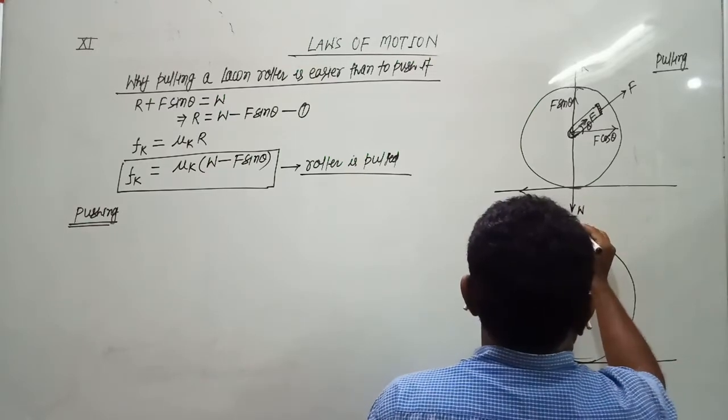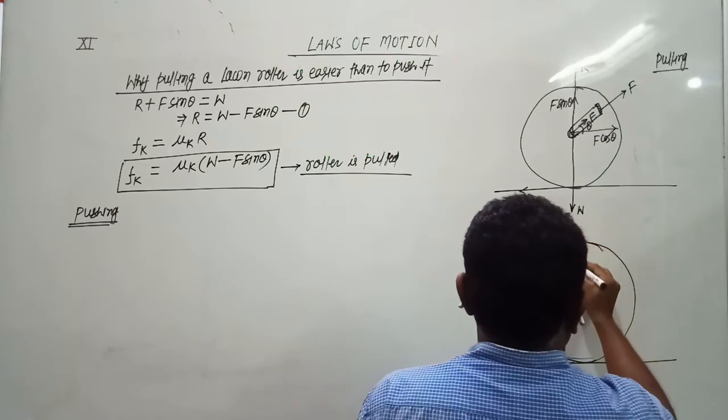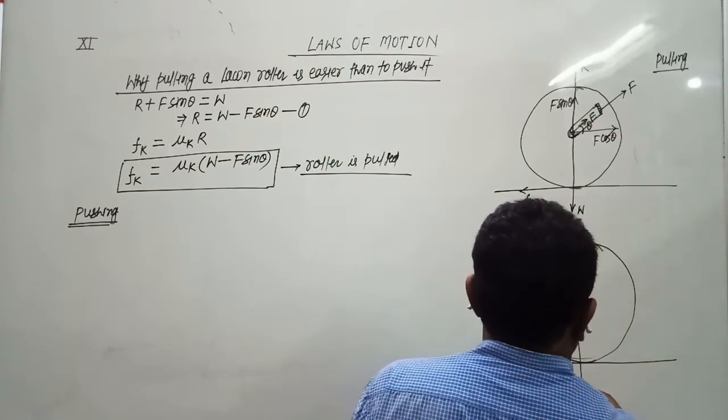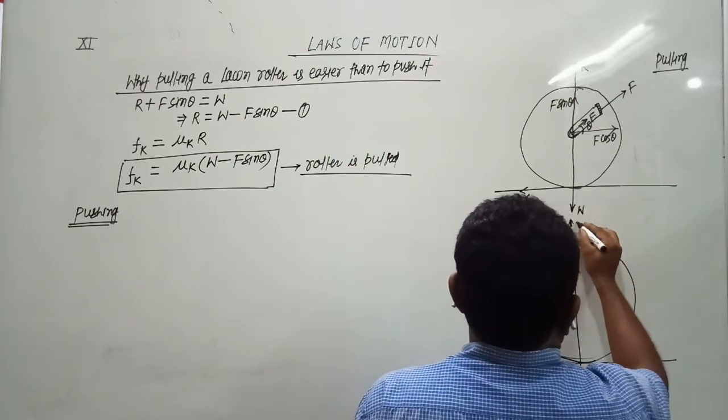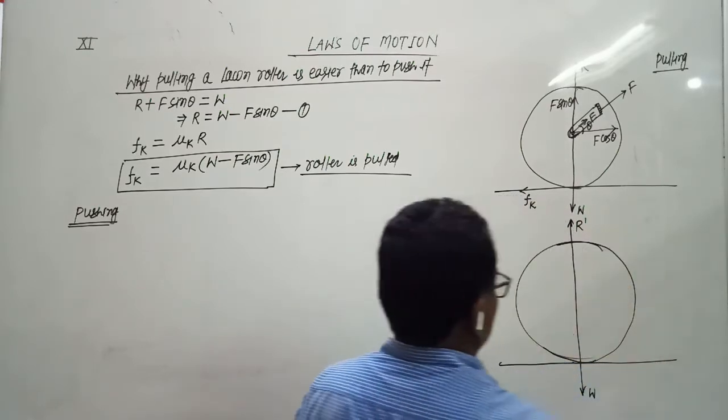Surface, weight acting downward, and normal reaction in this case suppose R dash.